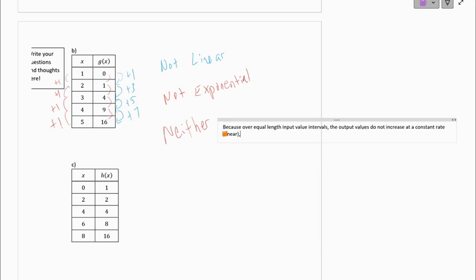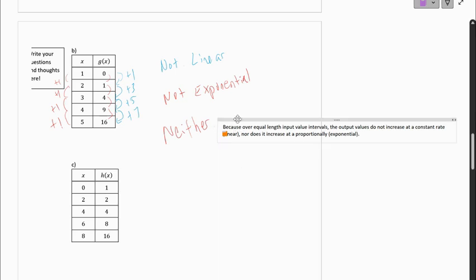So it's not linear, nor does it increase proportionally, which would mean exponential. It's neither one of those two, which means it has to be neither in this case.